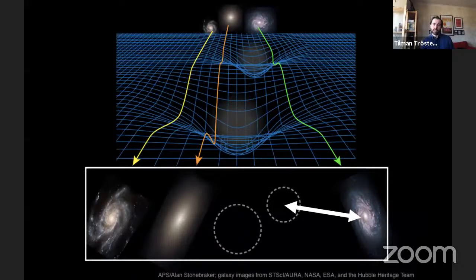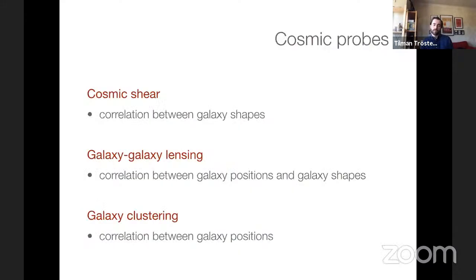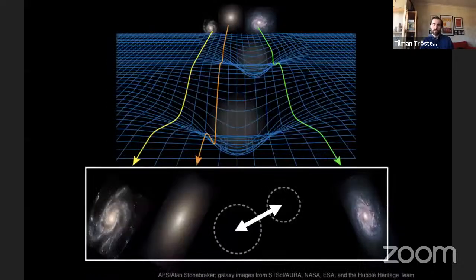You look at how the shape of background galaxies align with known matter distributions in the foreground. And finally, you can just take known galaxy positions, and because you know that these sit somewhere in potential wells and in the matter distribution, you can infer directly from that also what the matter distribution looks like. That's just looking at the correlation of positions of galaxies.